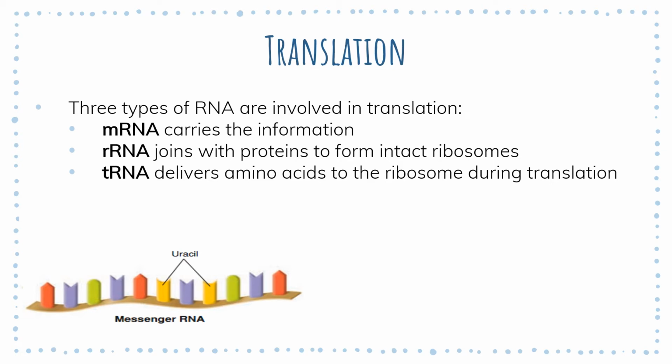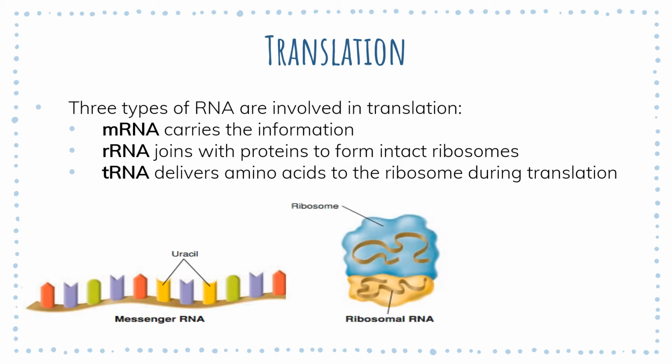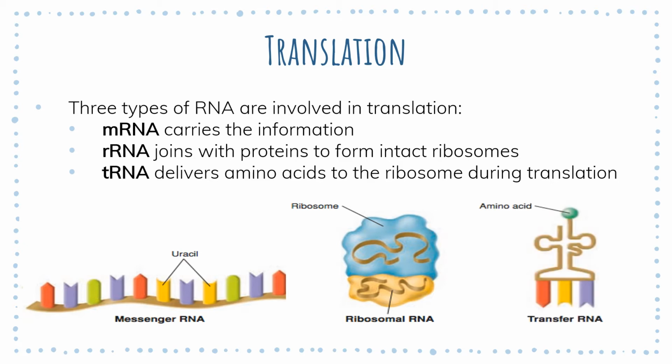Number 2 is your ribosomal RNA or rRNA that comprises the organelles called ribosomes, where the process of translation occurs. And lastly, number 3, you have the transfer RNA or tRNA that delivers the amino acids matching the mRNA codons to the ribosomes.